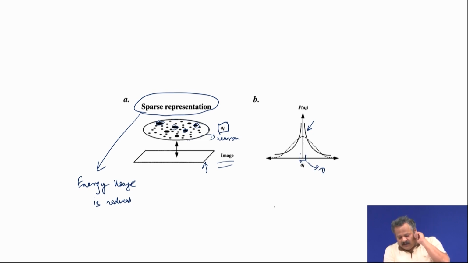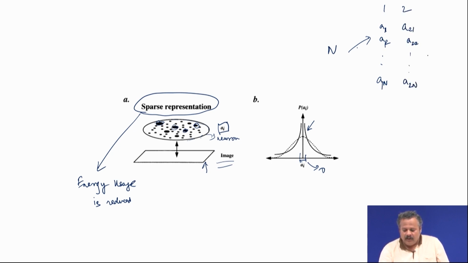If we have a system with capital N neurons, they have activities A1, A2 up to AN for stimulus 1. For stimulus 2 or image 2, it is A21, A22, and so on, A2N. And like that, we have capital M images, AM1, AM2 up to AMN.